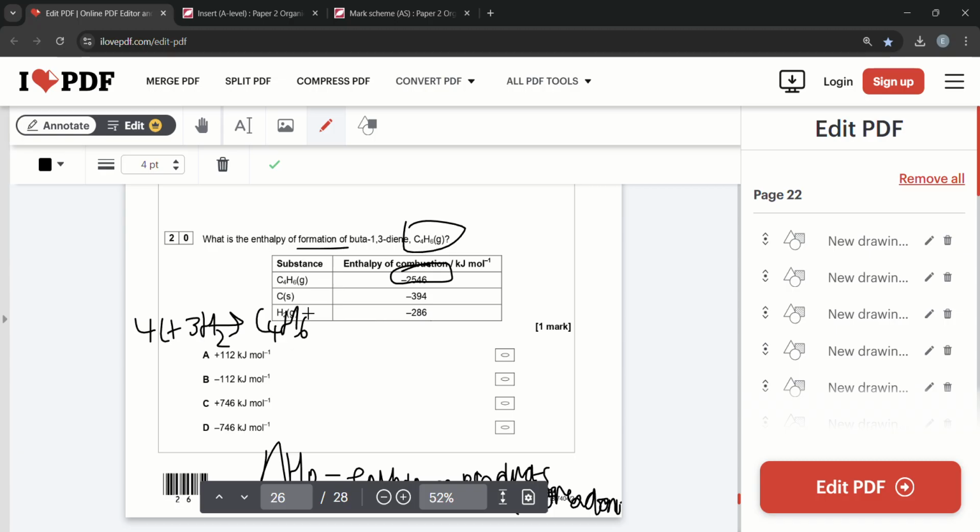Products minus reactants, and enthalpy of reactants. Well, we've got 4 times minus 394 plus 3 times minus 286, minus 2434.